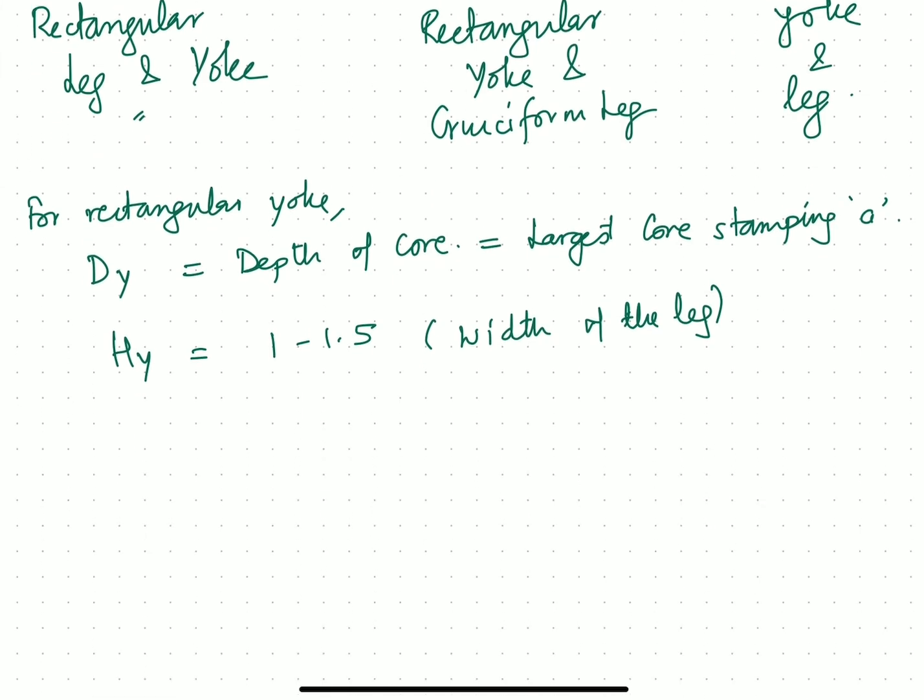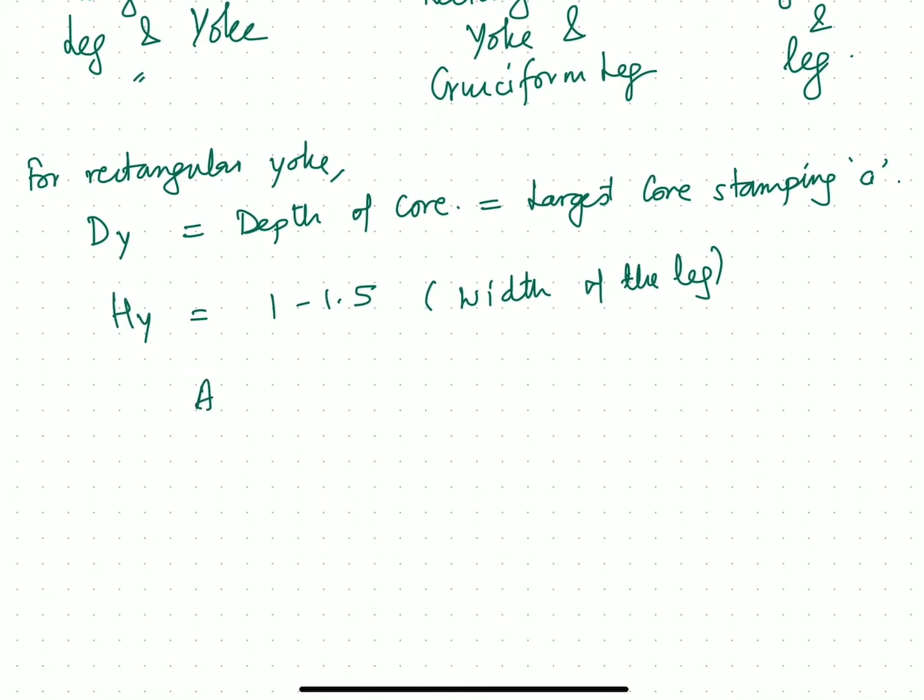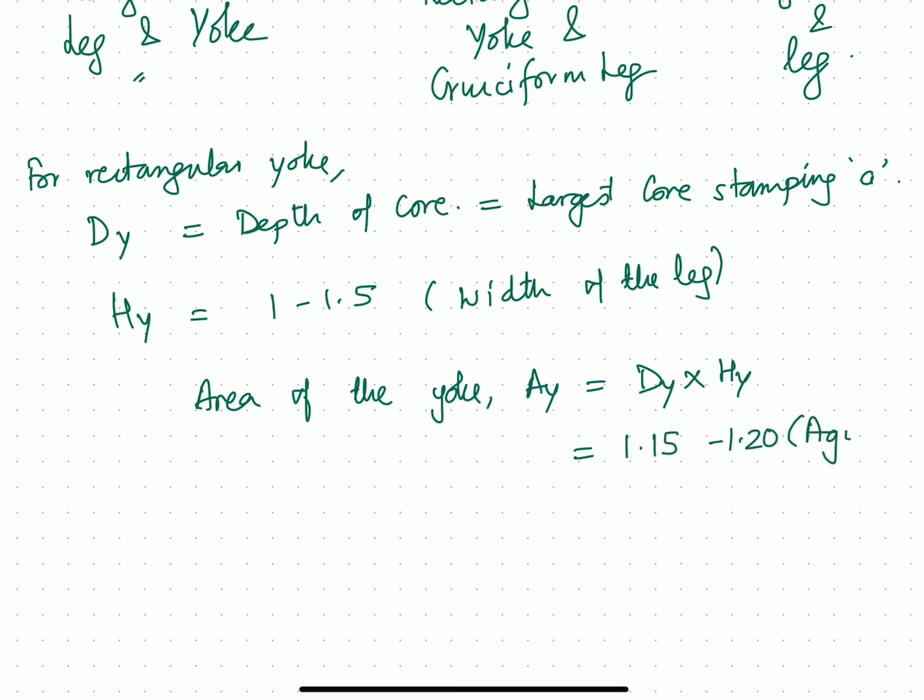So the area of the yoke Ay is equal to dy times hy, which is equal to 1.15 to 1.2 times Agi, and this is valid for hot rolled steels.